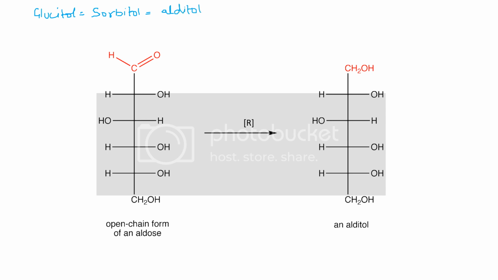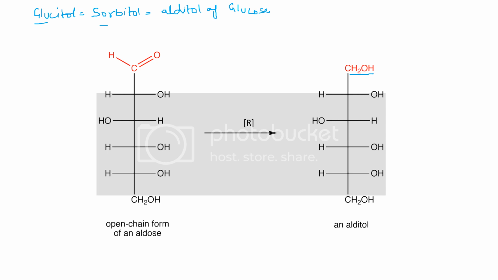It is the alditol of glucose. So you need not remember all these structures. You just need to know that glucitol or sorbitol is actually an alditol of glucose. The structure will be similar to glucose, except that the aldehyde group is now reduced to an alcohol group.